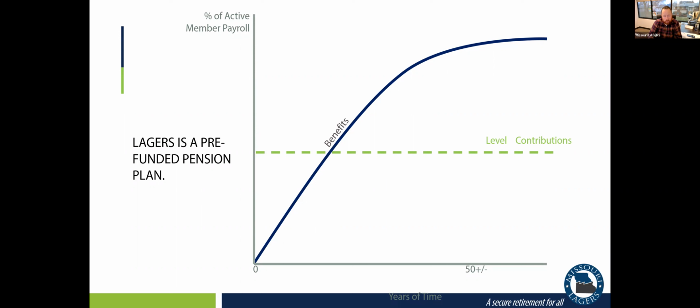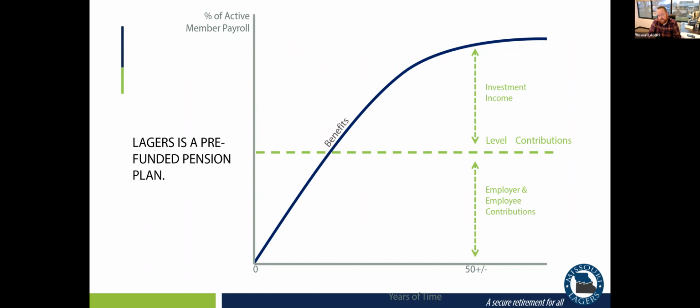One of the goals of Loggers' funding policy is to keep your contributions as level as possible, and one of the best ways to do that is to collect funds in advance of folks' retirement, so that the actual retirements and benefits being paid out don't have an adverse effect on your contribution rate.